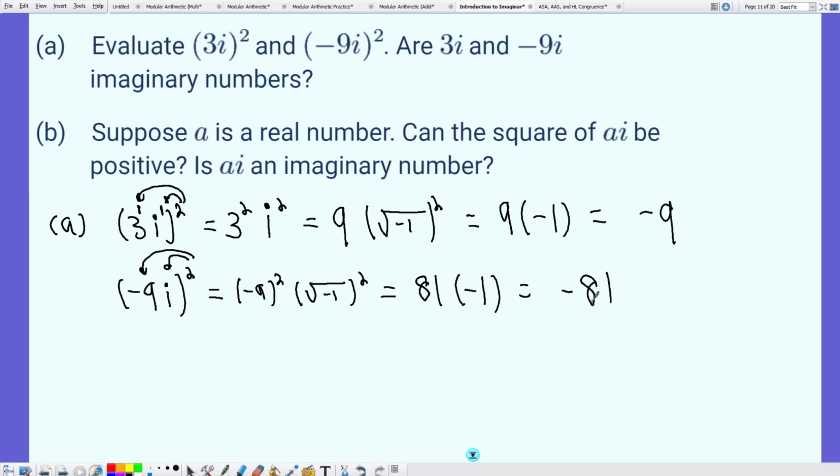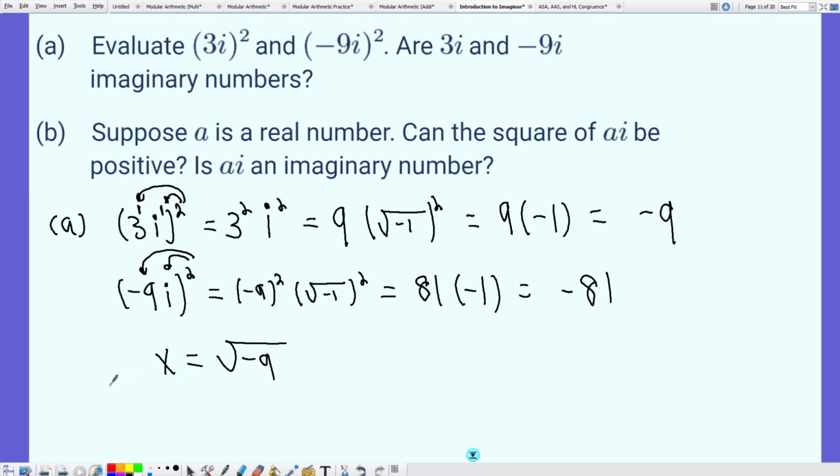So it's asking, are 3i and negative 9i imaginary numbers? Well, yes, because when we square them, the square is a negative. We have 2 negative values after we square them. Which means that, for instance, if we were to work backwards and say, oh, I have some x that's the square root of negative 9, it's the reverse process of what we just did.